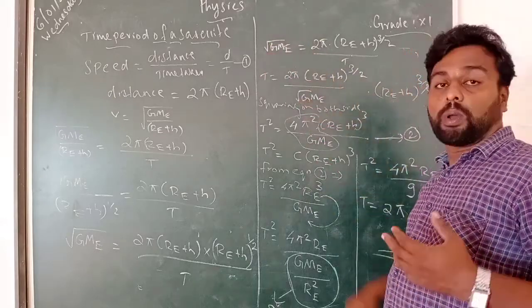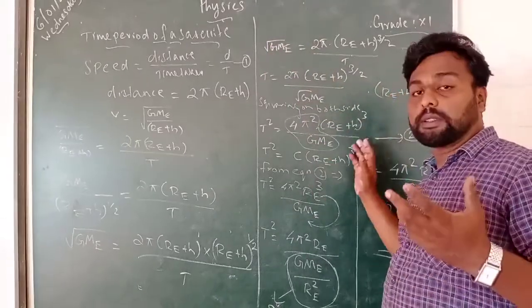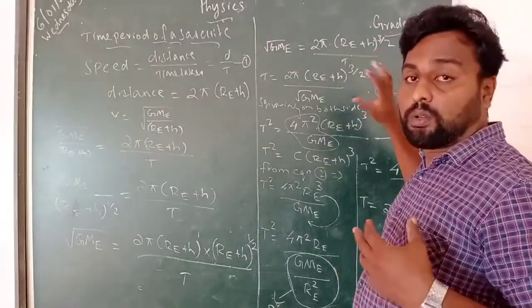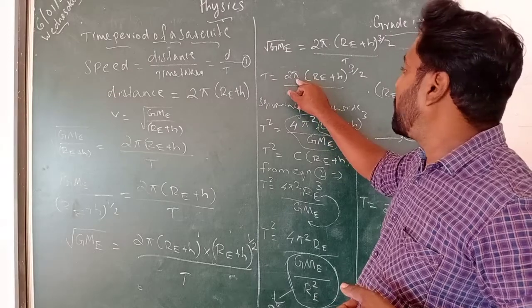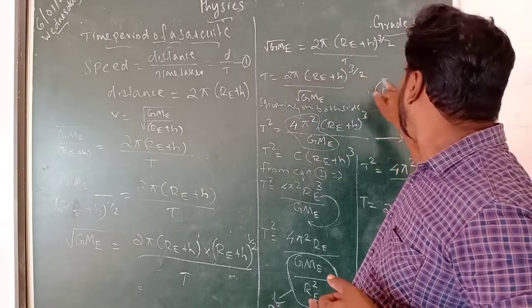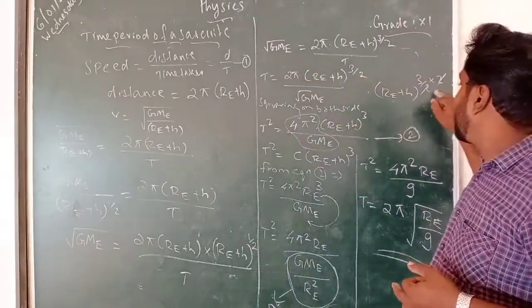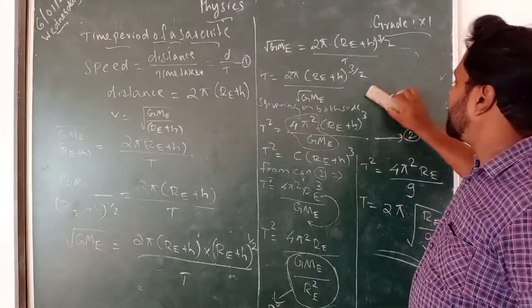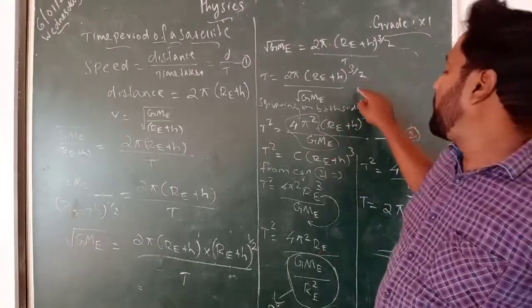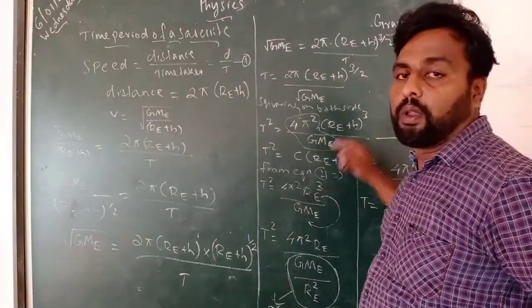Then squaring both sides of the equation. So T square, 2 square is 4, pi square. Here 3 by 2 into 2 will come, so 2 is cancelled. Now it remains only cube.